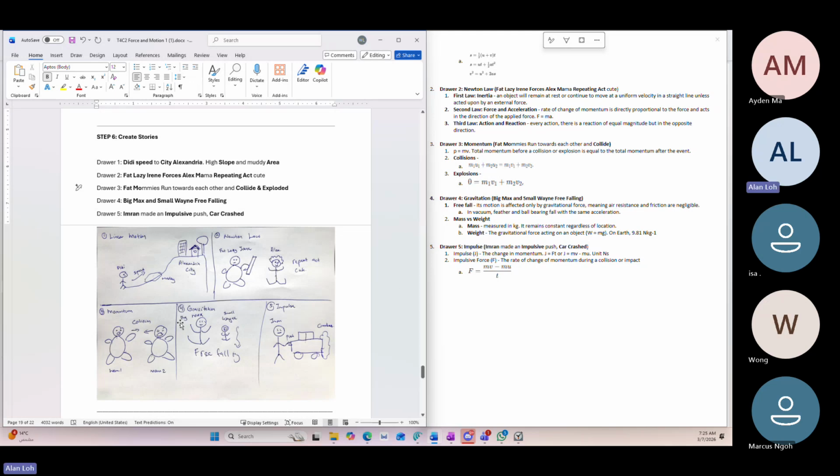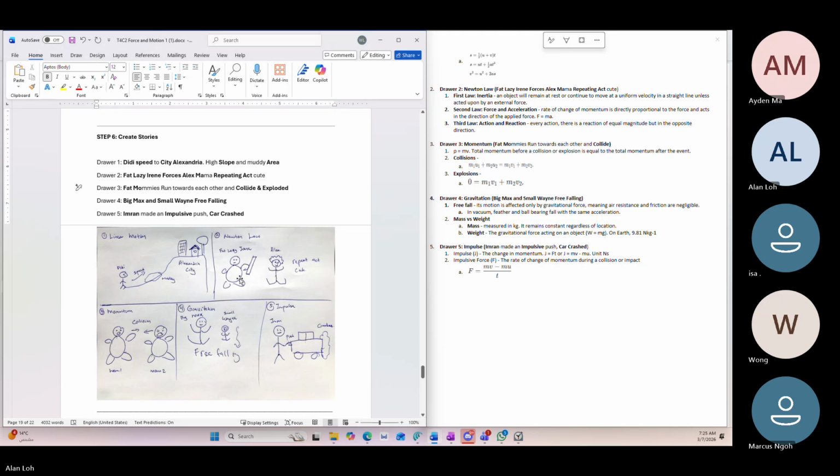So big mass is mass, small weight is weight. Big and small is to reflect the heavy ball bearing, which is big, and also small, which is the feather, and they're doing free falling. They're going to reach the ground at the same time.